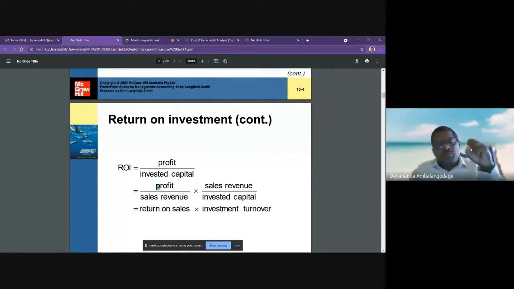This reflects the profitability, or I would say effectiveness of your business. It measures your effectiveness, the profit divided by sales revenue. Okay. On the other hand, there is another ratio, sales revenue divided by invested capital. This shows the efficiency of your business. Efficiency. Sales revenue divided by invested capital. It measures the efficiency.